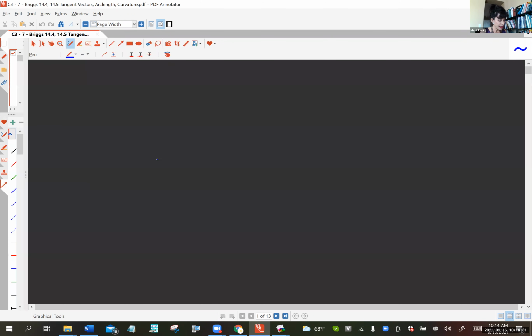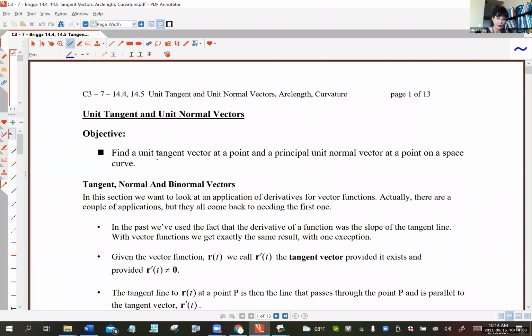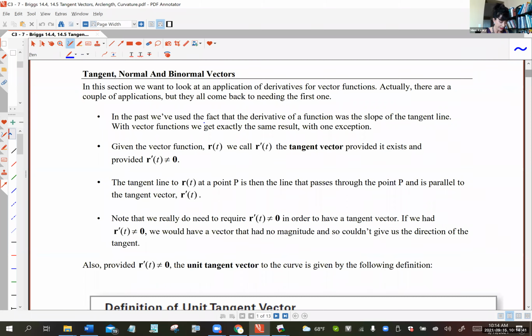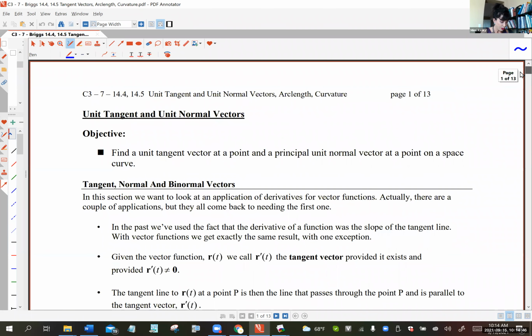So let's define the tangent and the normal and the binormal vectors in this section. We're going to first define why we're looking at all this.